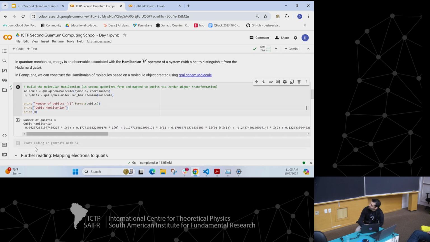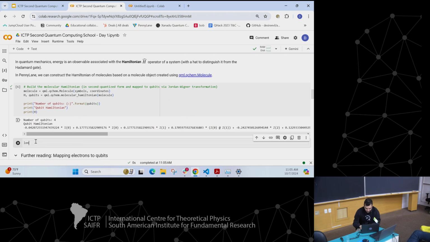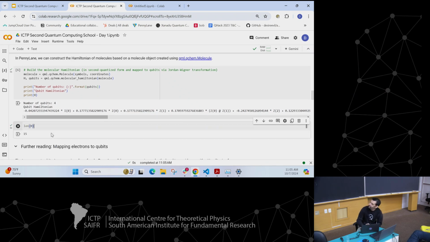Okay, and just to confirm we have the right one, if we get the length of this Hamiltonian, we can confirm that we do have those 15 terms that I mentioned earlier.